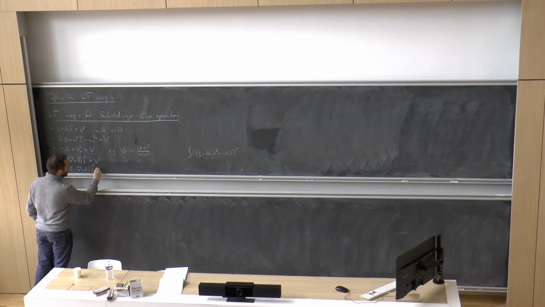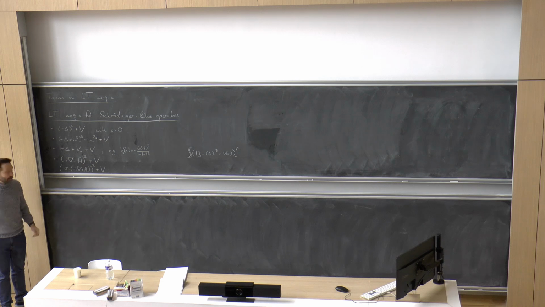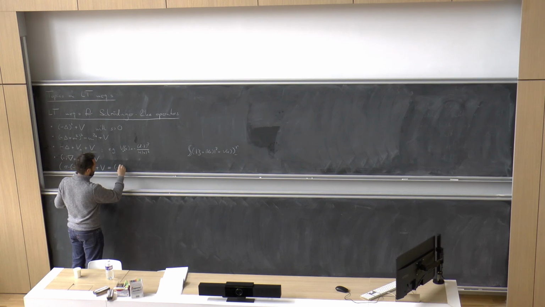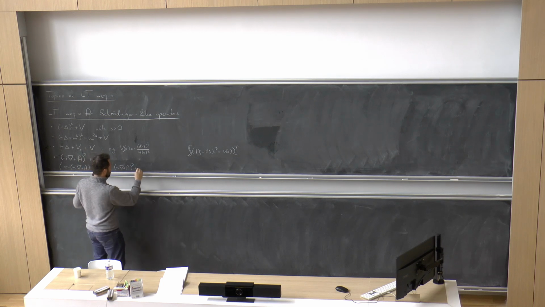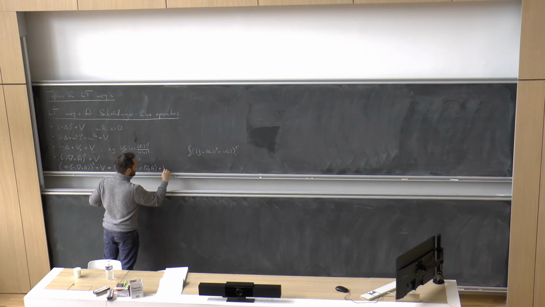This is now an operator acting on C2 valued functions, no longer scalar functions. There are things called the Pauli matrices, and if you don't like that, let me just write it in that way, because I'm not sure whether it's plus or minus sigma dot curl of A plus.